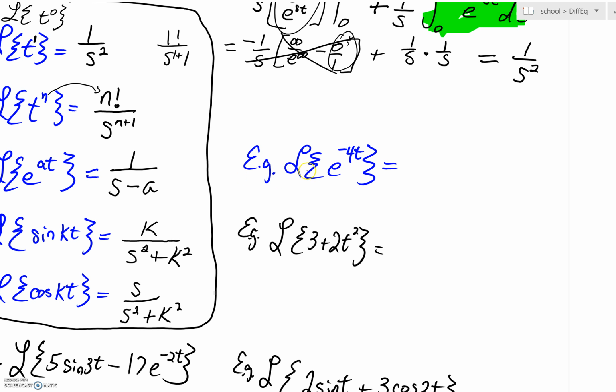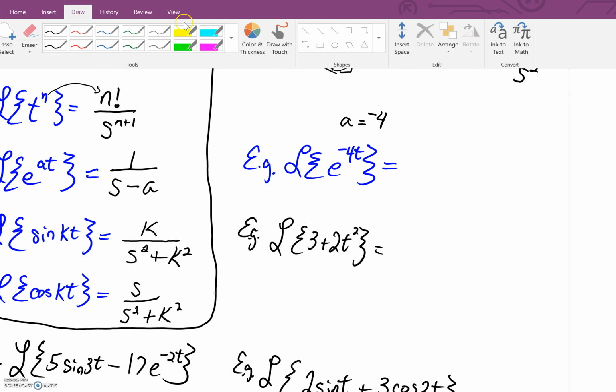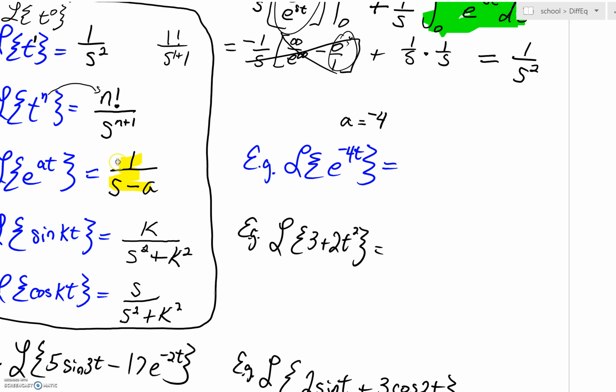Example given, the transform of e to the negative 4t. Well, as we look at this, we could say, look at a. Guess what a is? A would be the number negative 4, wouldn't it? So, very simply, and once you've memorized this too, you'll be able to do this so quickly.